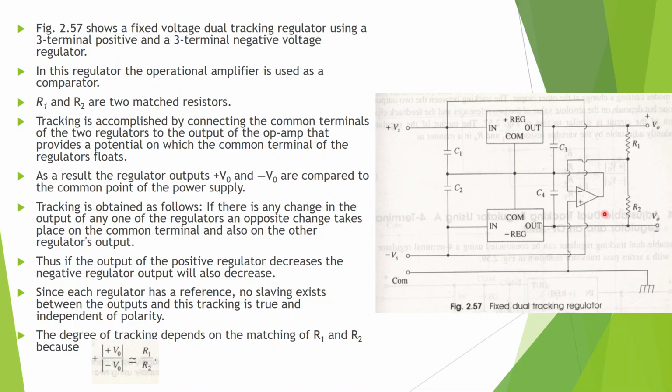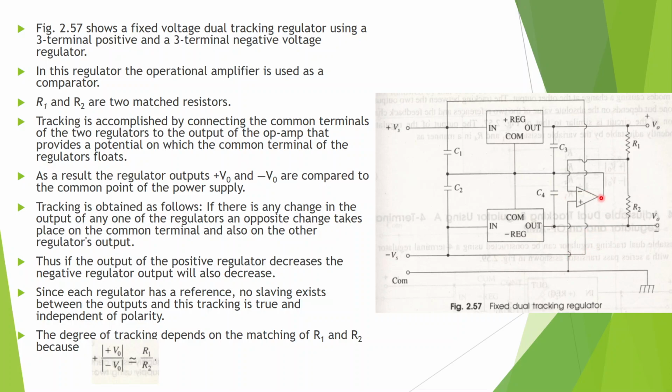This figure shows a fixed dual tracking regulator made using a 3-terminal positive and a 3-terminal negative voltage regulator. Here the operational amplifier, op-amp, is used as a comparator. Resistors R1 and R2 are matched resistors. And how is tracking accomplished?